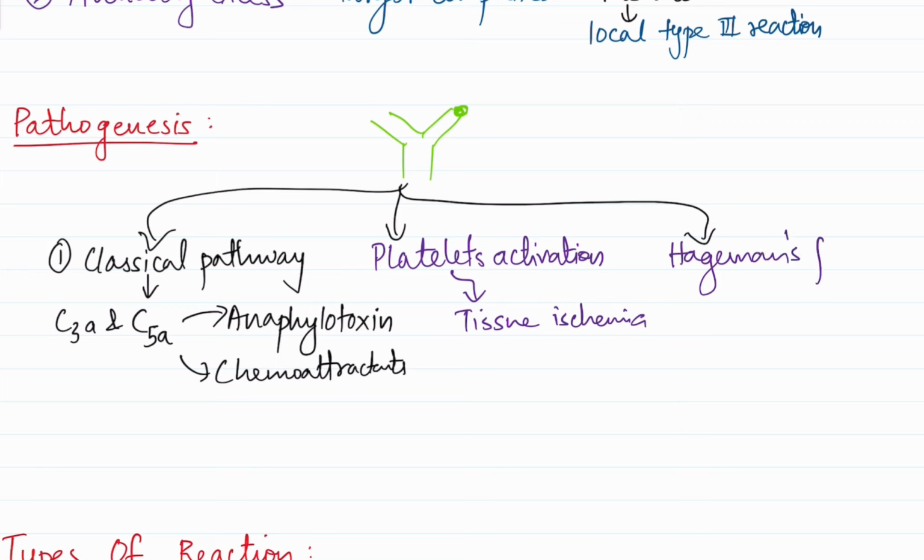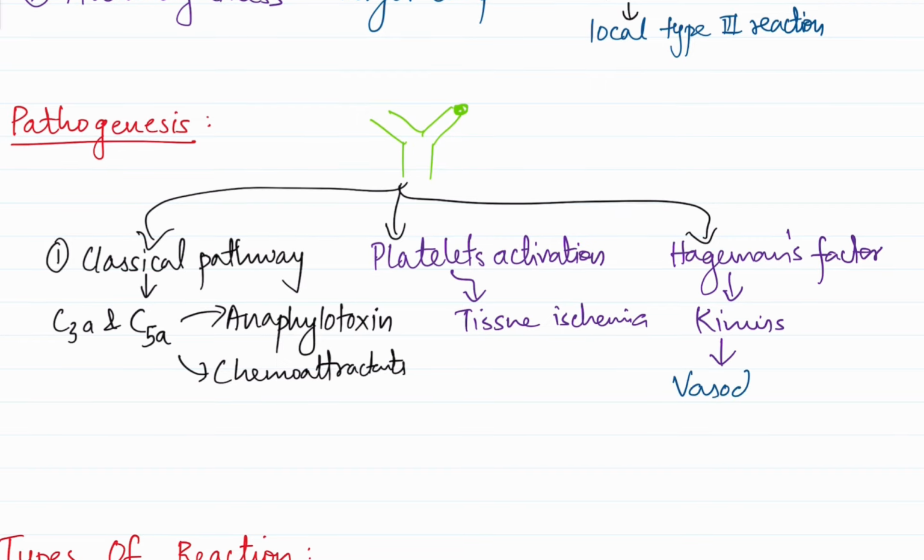What happens when Hageman's factor gets activated? Hageman factor, when activated, in turn activates kinins, and kinins will lead to vasodilation. Because of vasodilation, there will be edema as well.